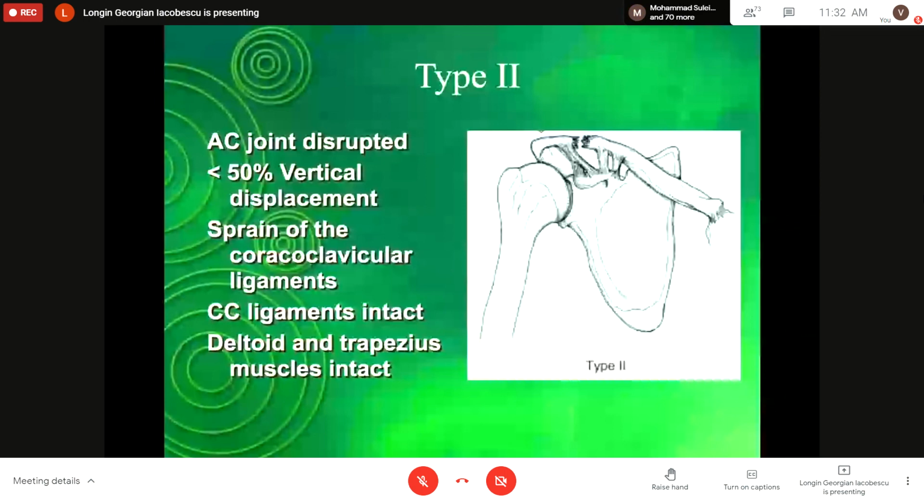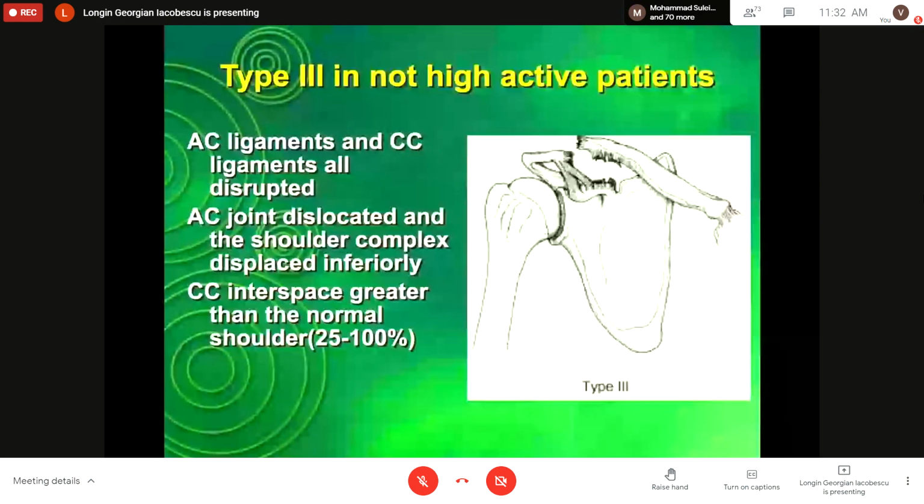In type 3, in non-highly active patients, this is when we want to use the Robert Jones bandage. When we have highly active and younger patients, unfortunately, we have to apply surgical treatment, which consists of a specific type of plate or some other surgical procedure.